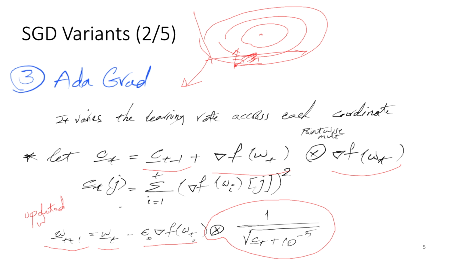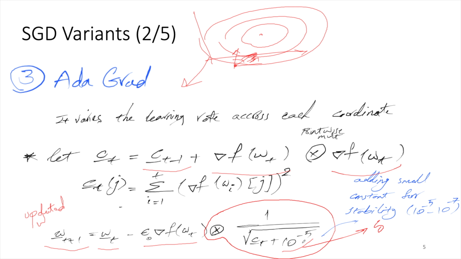And normally this is a very small constant. In some literature you might find it by the name of delta or any other constant. So they would call it a very small constant, like 10 to the minus 5 up to 10 to the minus 7 also. So it adds a small constant for stability.